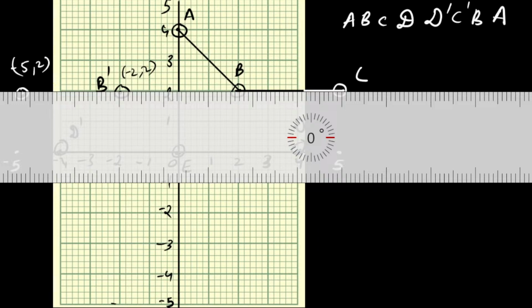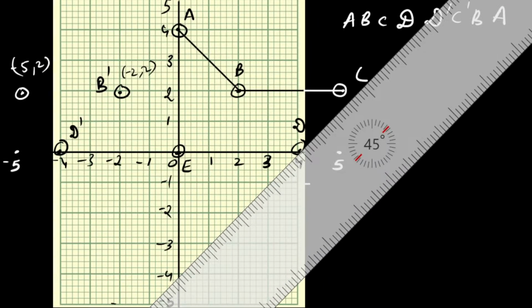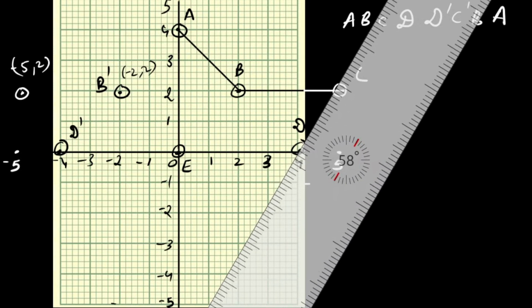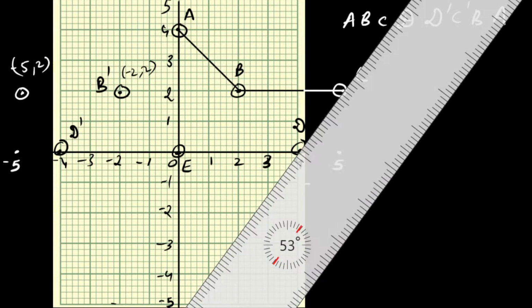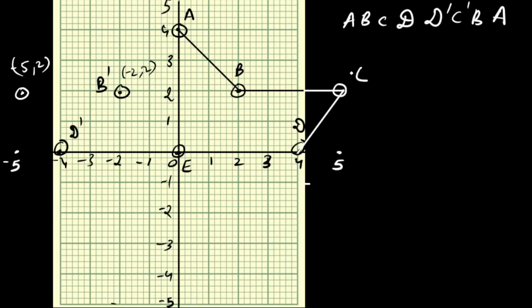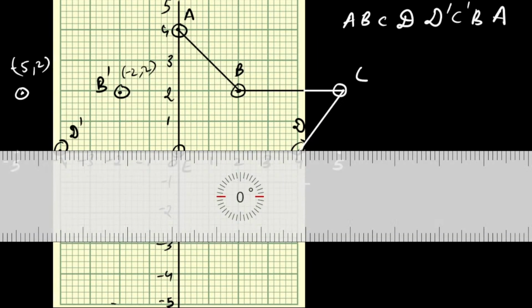Then C with D. In the same order you have to join. Then D with D dash. D and D dash, so it will be on the x-axis itself.